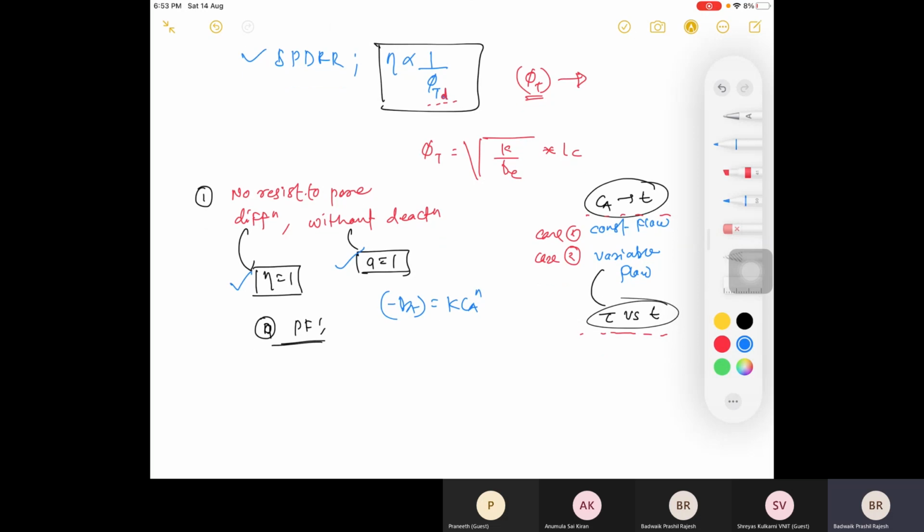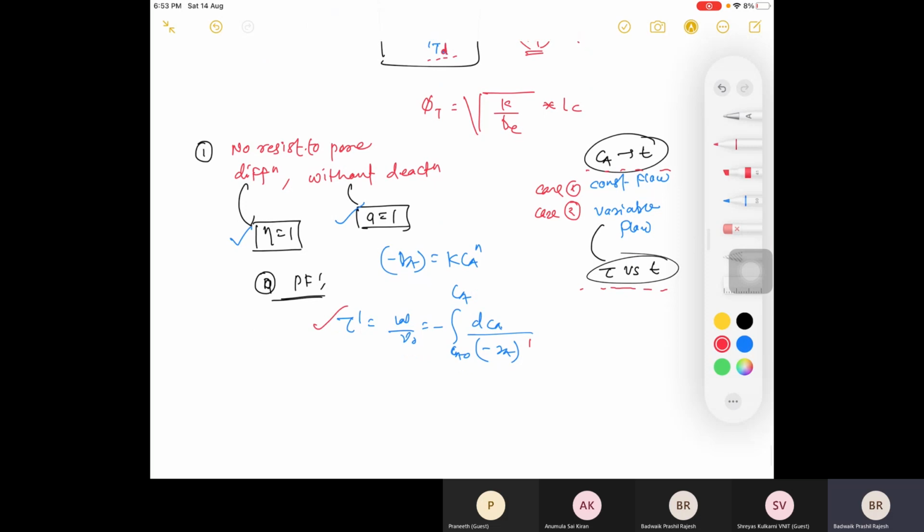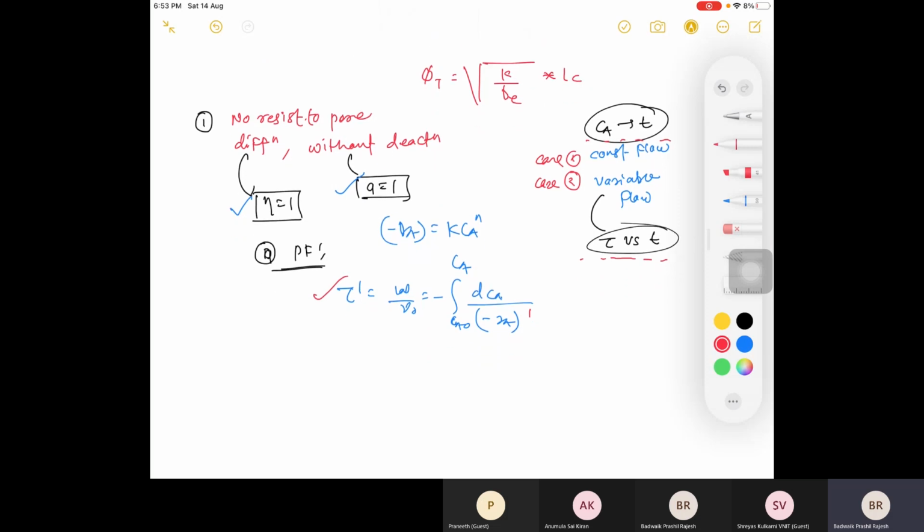So you'll have the same equation: tau dash is equal to W divided by nu naught, equal to the integral from 0 to Ca naught of minus dCa divided by minus Ra dash. After integration, you plot the data and you will get the answer. You'll have the same curve as we got in the homogeneous one, except there is W here and a dash here.